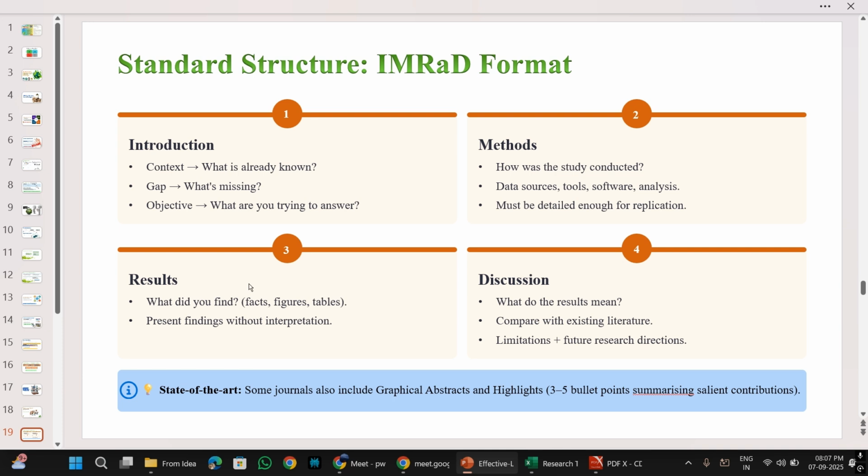So introduction first, and then methods. Methods will talk about how the study was conducted, what kind of data sources were used, which tools were used to process the data, which softwares were used, and which method was used to analyze the data.